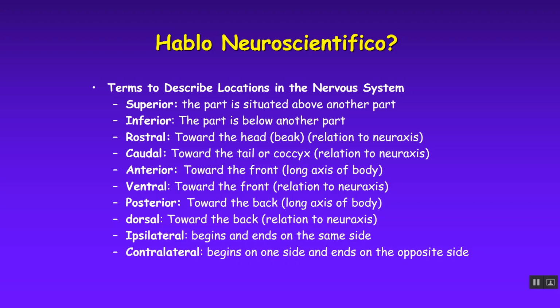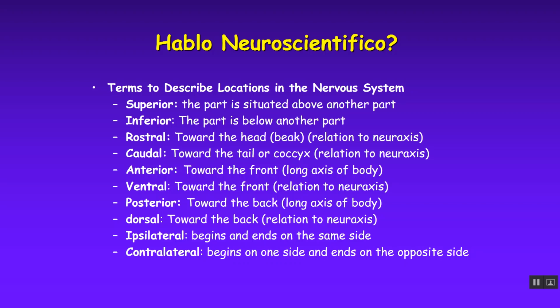Have you guys heard the terms rostral and caudal? Is that a term you're familiar with at all? The terms rostral and caudal tend to be used more with what we call the neuraxis. You've learned the anatomical axis for the body, like looking at a person in this position here. There's also an axis through the nervous system, and it goes straight up, but then it has what we call a cervical flexure, where the nervous system in the cerebrum takes a little bit of a kink.